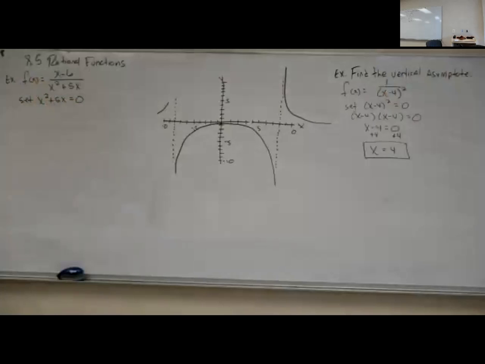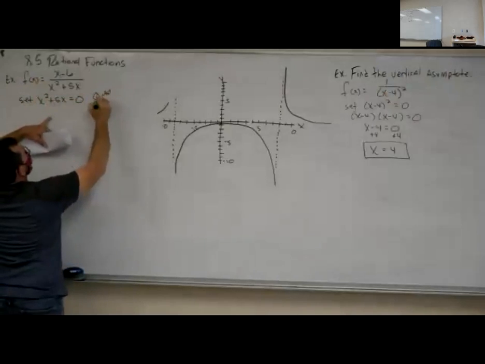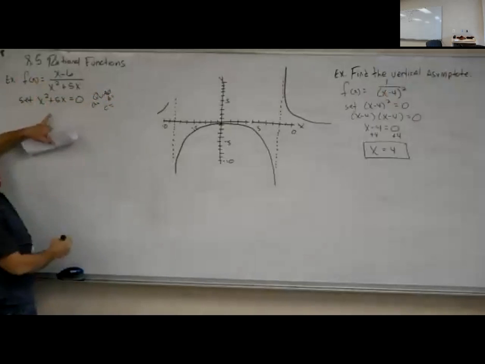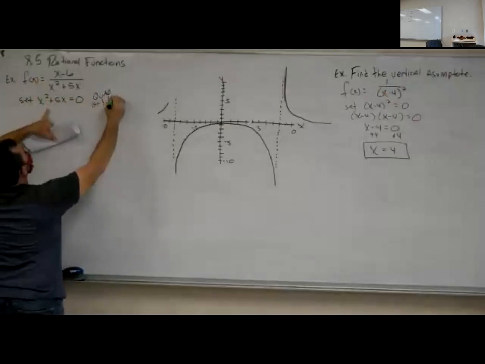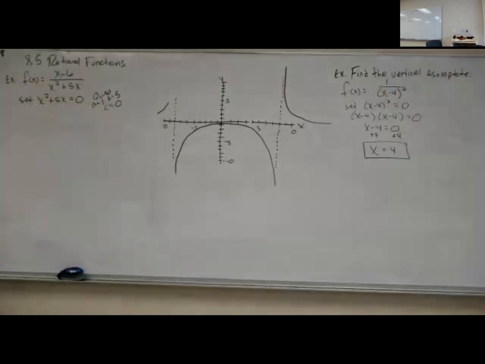Now, if you hit this one with quad, so quad, A, B, and C. If you did quad on this, A is 1, B is 5, C would be 0. Okay. We all want to solve this by factoring.